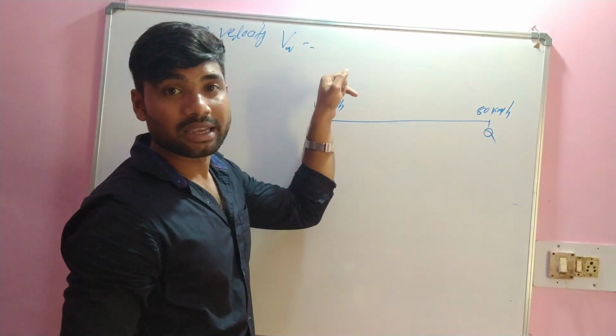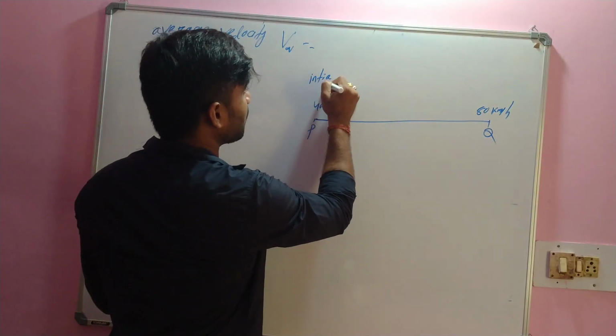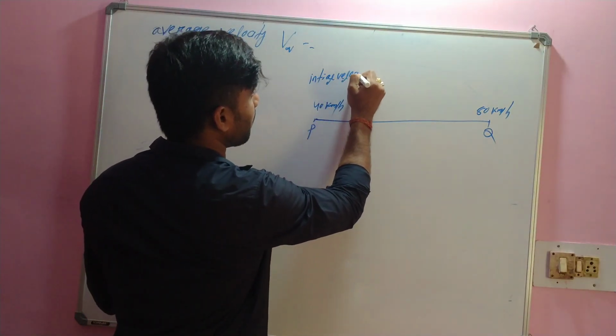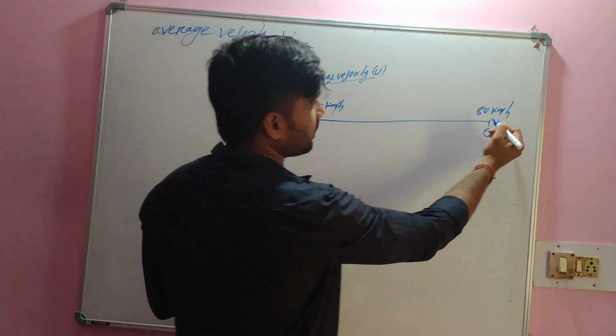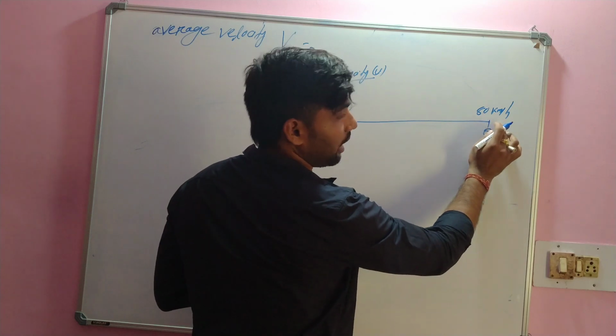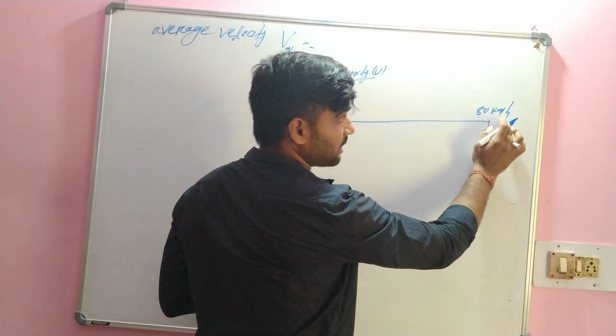So it is called initial velocity, which is denoted as u. And here he saw at point Q the speed of the car is 80 km per hour.